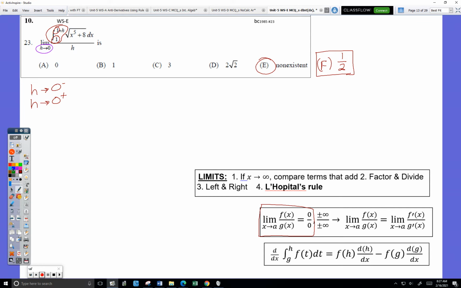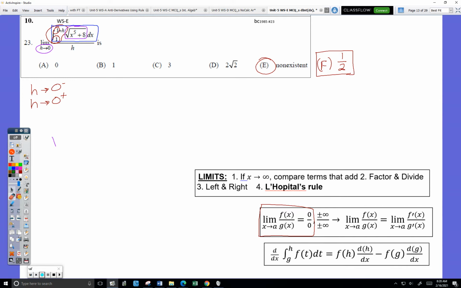So, this one's pretty clear. Here's the numerator. So we're going to create a new limit problem. To take the derivative of an integral, simple. You simply grab the integrand and write it down.